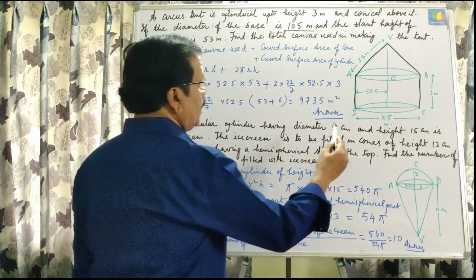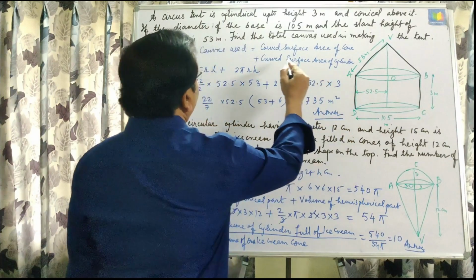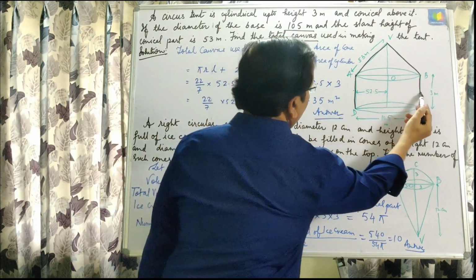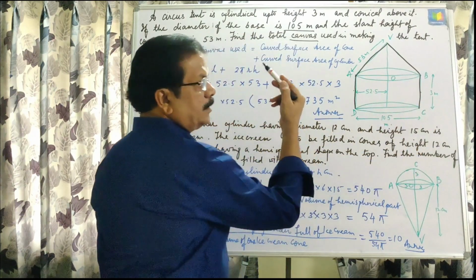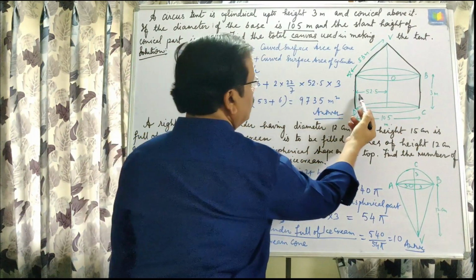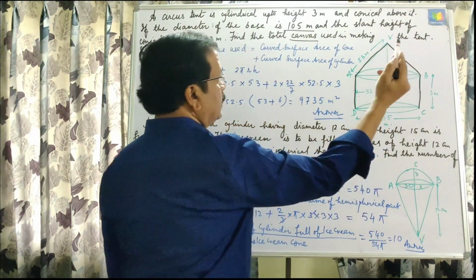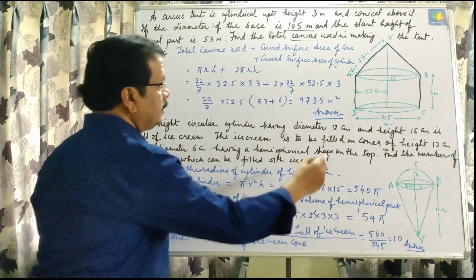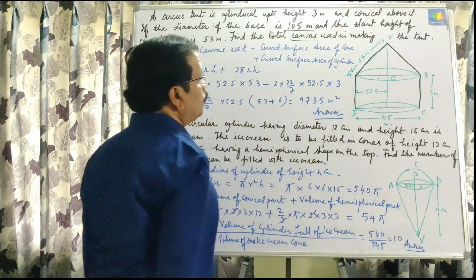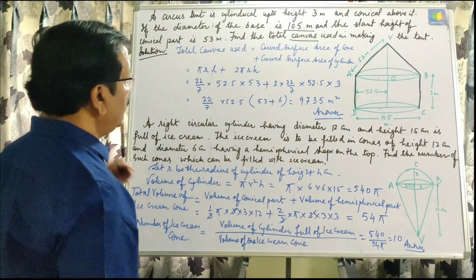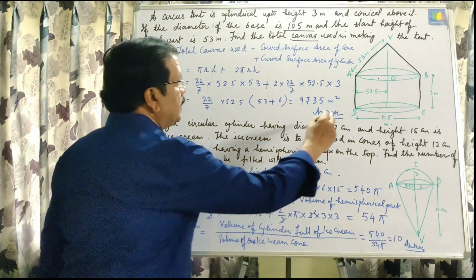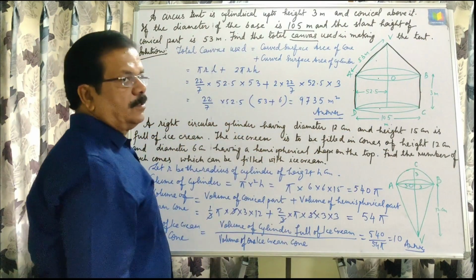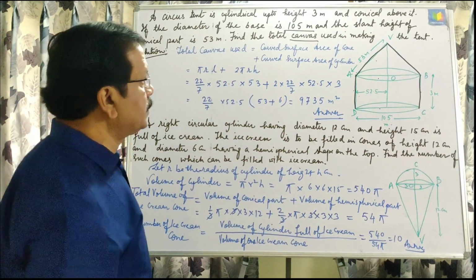And that is why, once we find the canvas used, the canvas will be used only in this part, that is curved surface area of this cylinder, and in this part, that is curved surface area of this cone. In this part and in this part, no canvas will be used, and that is why the curved surface area of this cone plus curved surface area of this cylinder, combination of solids we are studying.